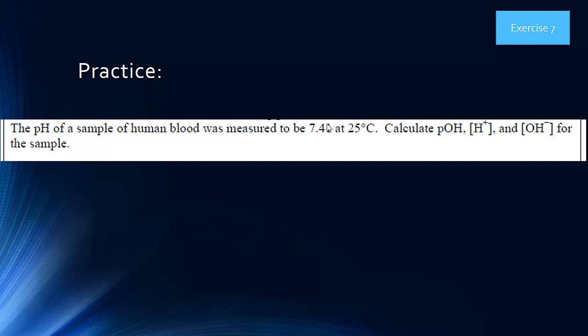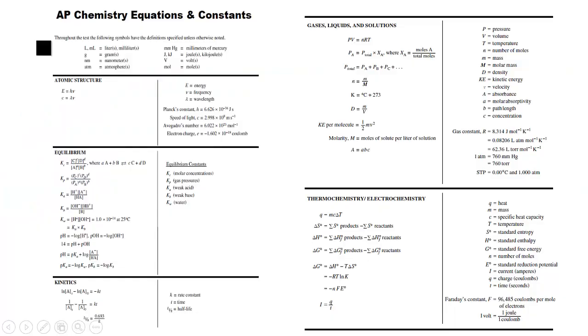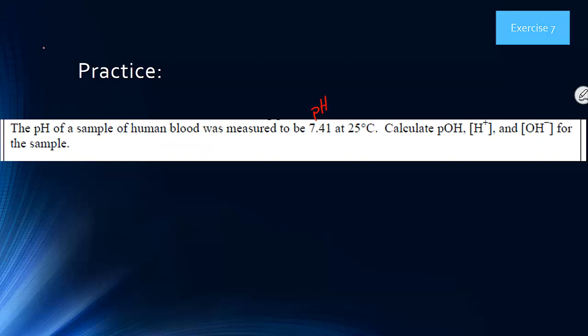We talk about how blood has a pH of 7.4. Calculate the pOH of blood, its concentration of hydrogen, and the concentration of hydroxide. So remember that on our formula sheet, we know that pOH plus pH has to equal 14.